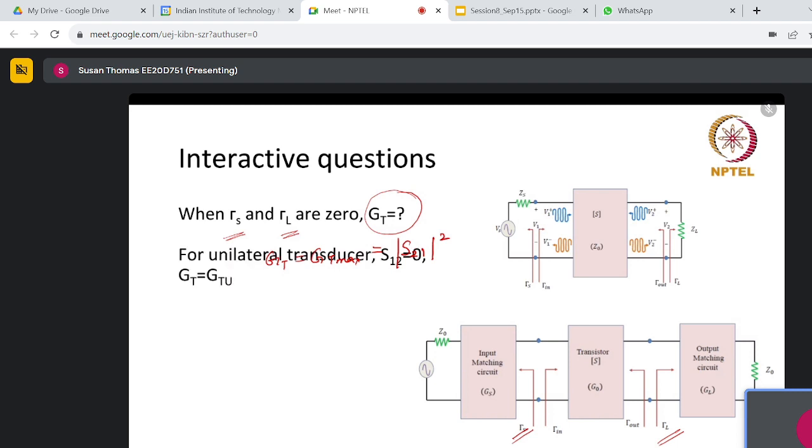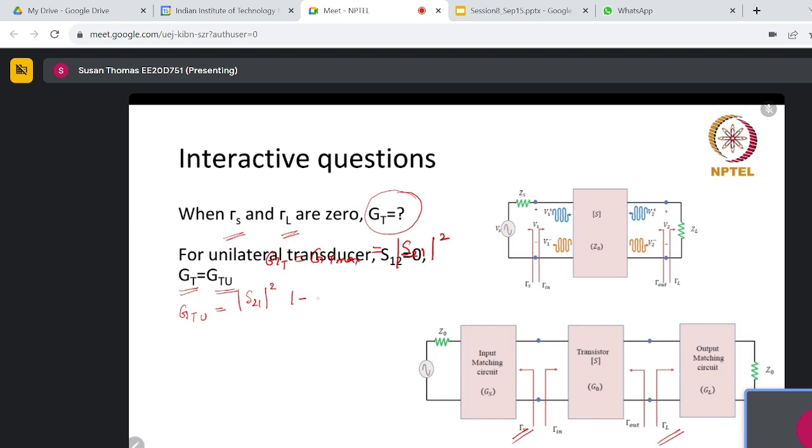Then the other question, in case of a unilateral transducer where S12 equals 0, the equation for GT, that is, GTU indicates the transducer gain for a unilateral transducer. In that case, GTU is, so please note down this equation, which is very useful. Hope you already know this.